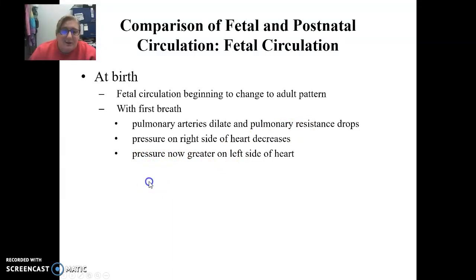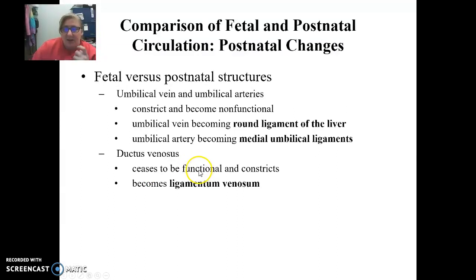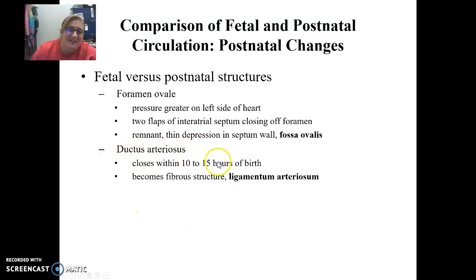And within the first 24 hours, that ductus arteriosus will close up, becoming the ligamentum arteriosum. The umbilical artery and vein become round ligaments and medial umbilical ligaments for the liver. The ductus venosus becomes the ligamentum venosum. There's my ductus arteriosus, which I talked about already. It will close very rapidly after birth, and the foramen ovale also closes after birth.